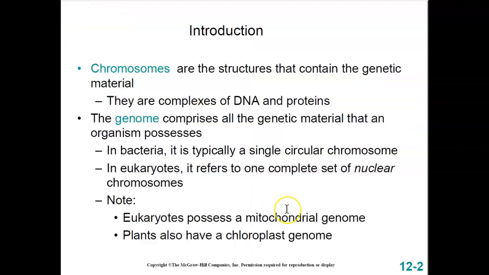So let's get going. Chromosomes are structures that contain genetic information. We know that, right? They are what we call complexes of DNA and proteins. What does that mean? A complex is a large molecule made of proteins and something else. So remember, you've heard the word chromatin.